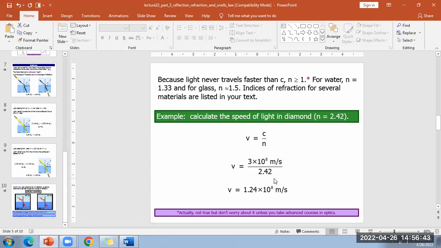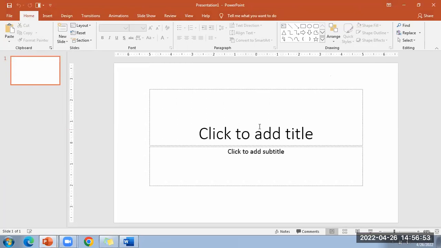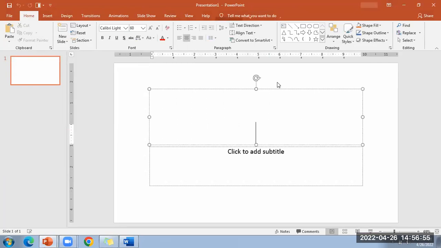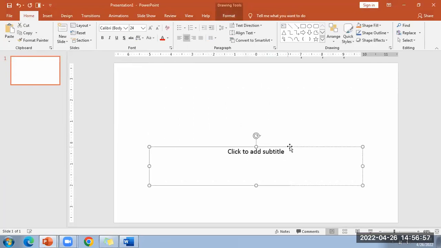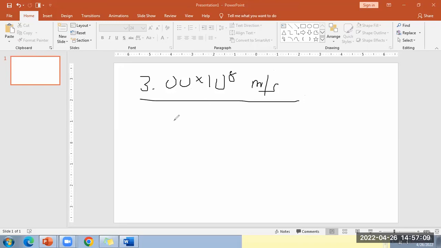1.98 po yung final answer, sir. Opo, kasi ang sagot doon ay, pakita lang natin, 3.0 times 10 to the 8 meters per second divided by 1.51.